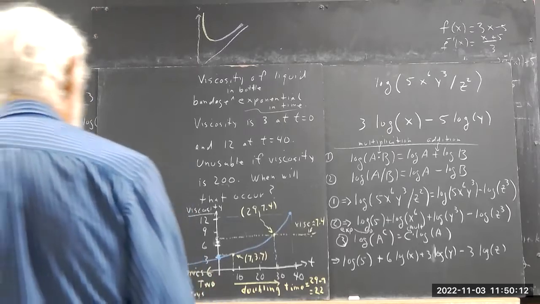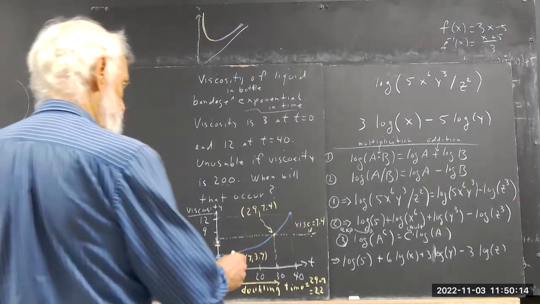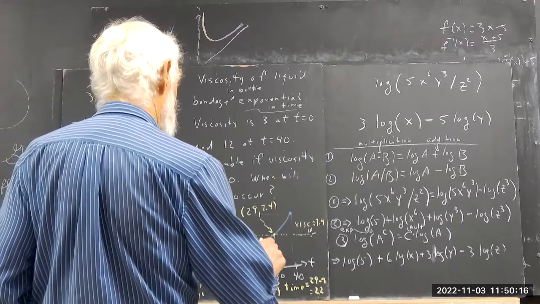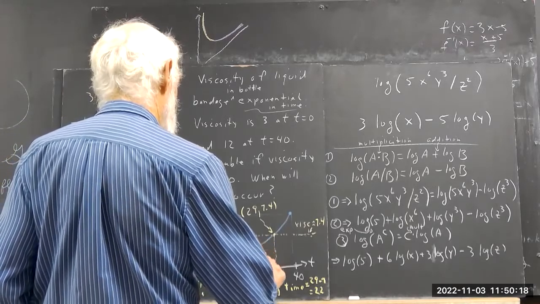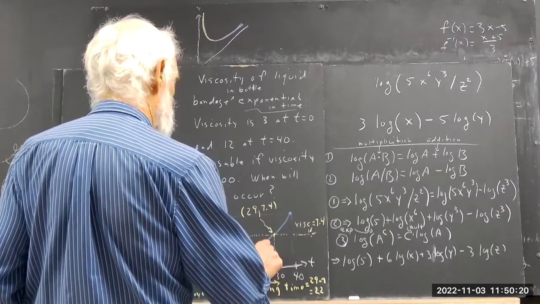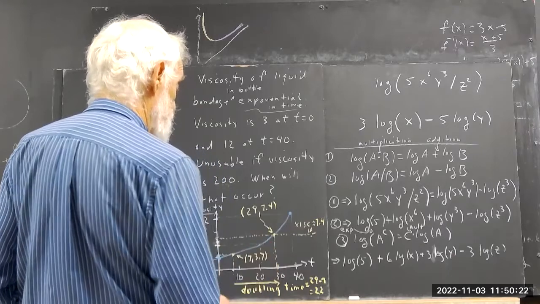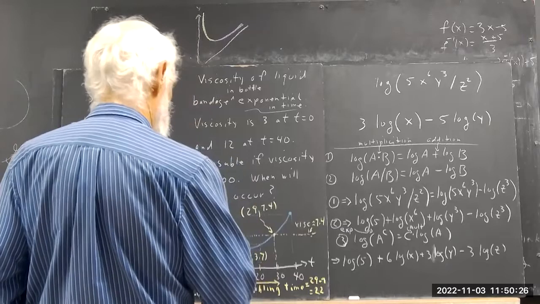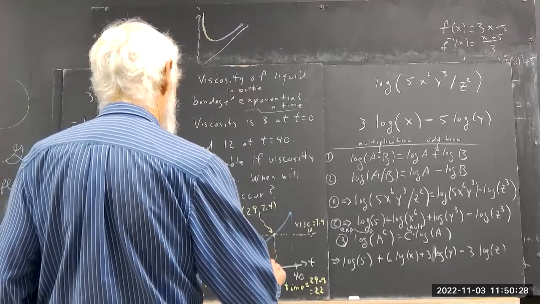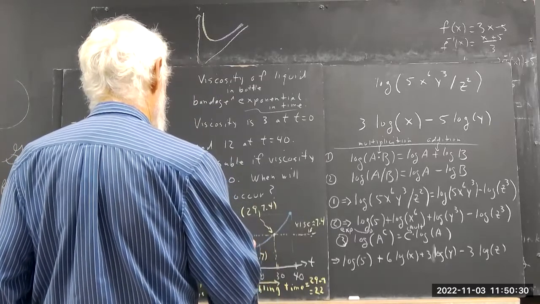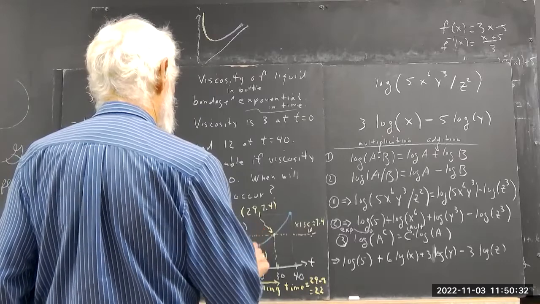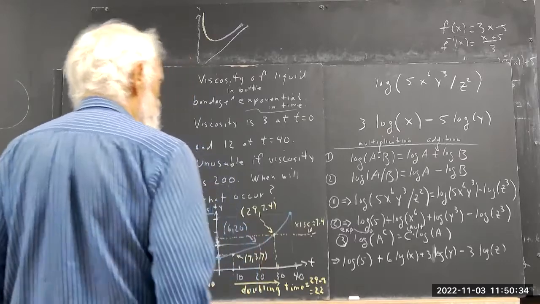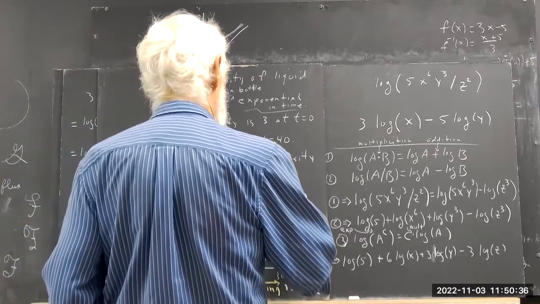And we could see that on the graph as well. The point 0.6 ought to match up with 20. These are different colors. And then, of course, here we have the point.